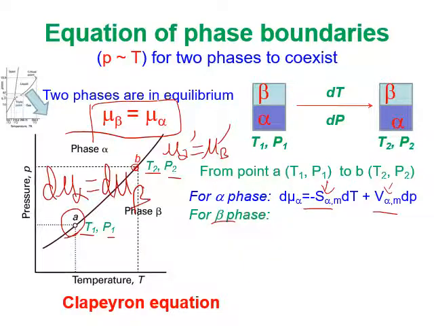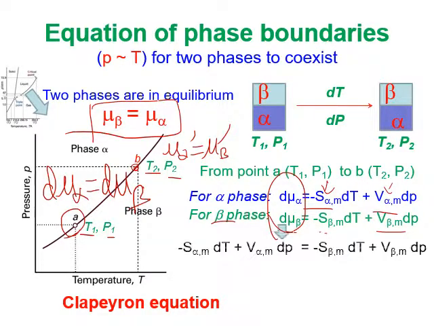And for the beta phase, the chemical potential change should equal the negative molar entropy of the beta phase times temperature change, plus the molar volume of the beta phase times pressure change. Because these two chemical potential changes are the same, we have this equation.